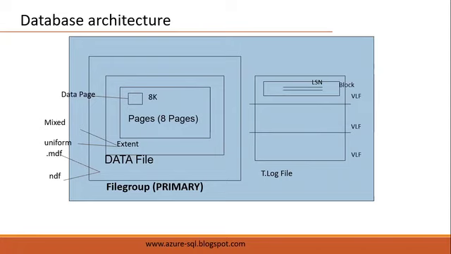Two types of files are there in every database. We know already that initially changes are written in the log file. Later, those changes are written into the data file permanently. Initially changes are written in the transaction log file, but after some time those changes are written permanently into the data file.